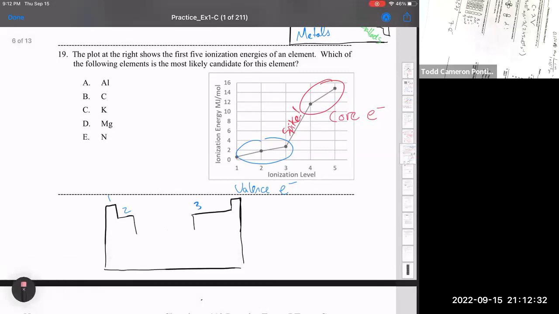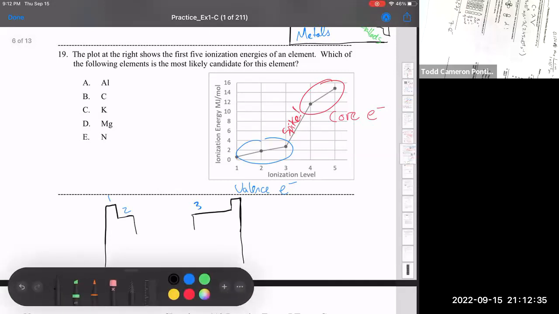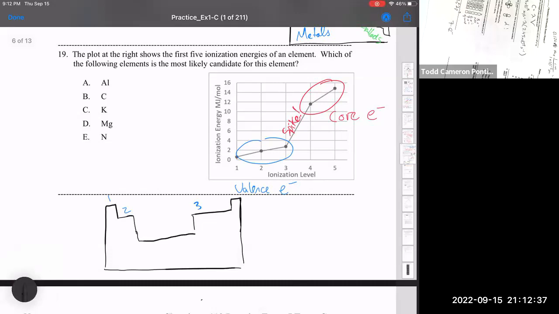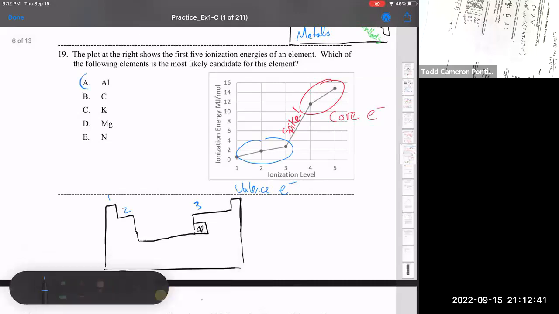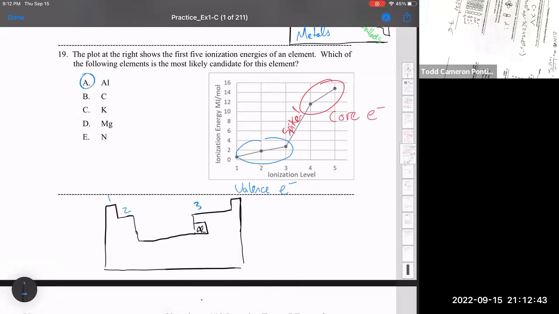Let me redraw this. Right. So aluminum is right here. It's got 3 valence electrons, and we're done. Okay.